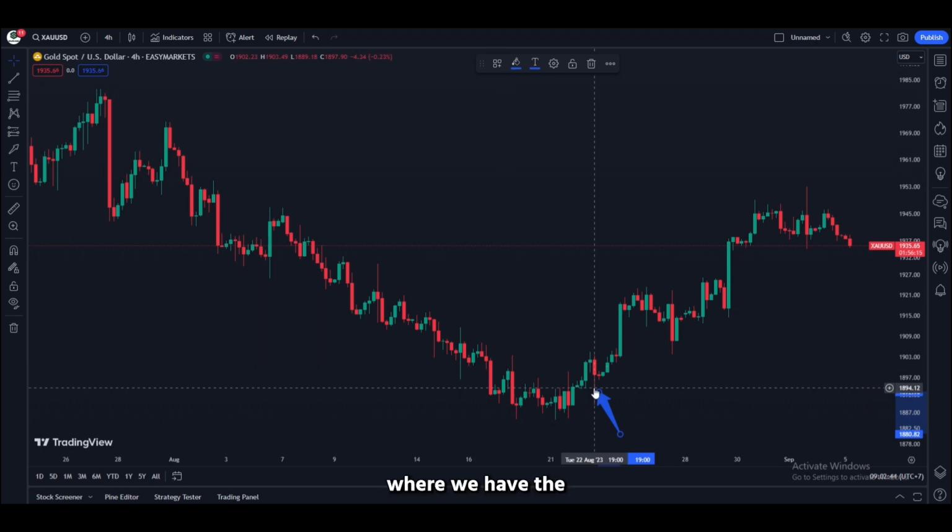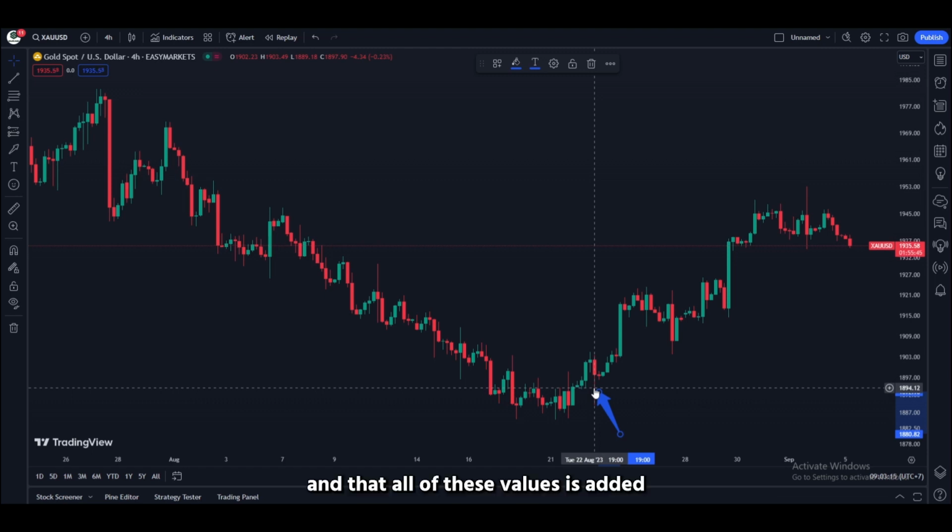Where we have this candlestick and the data shows that the open is 1902.23 and high is 1903.49 and low is 1889.18 and last is the close, 1897.90.